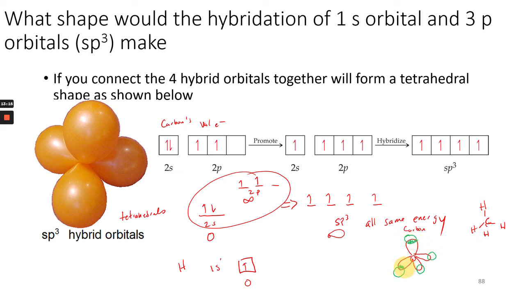And what do we have here? We have 4 overlapping bonds forming. These 4 overlapping bonds are called sigma bonds. And we use the Greek sigma to represent that.